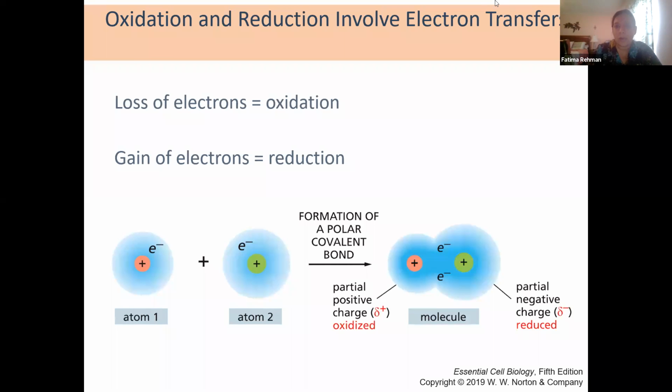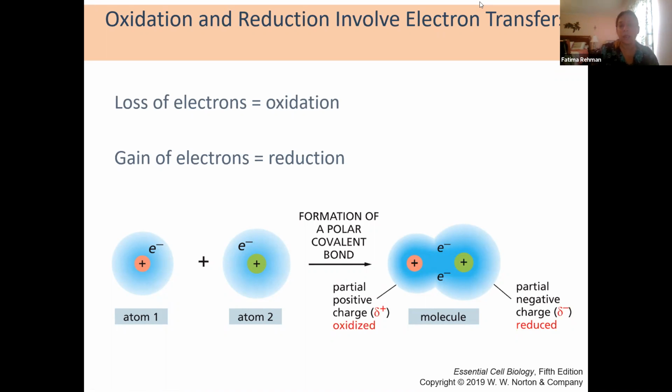So a lot of the metabolic reactions in our body at the end of the day involve oxidation and reduction. In oxidation, a molecule that is getting oxidized is going to be the one that loses electrons. And in reduction, you have a gain of electrons where the molecule is gaining the electrons as a result of this process.